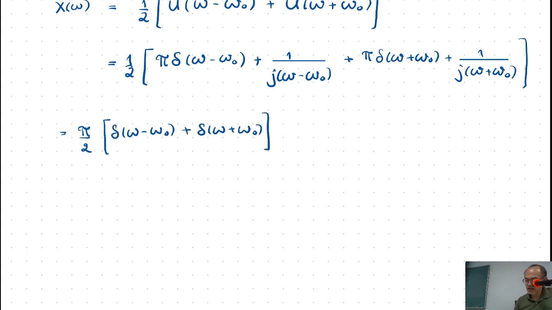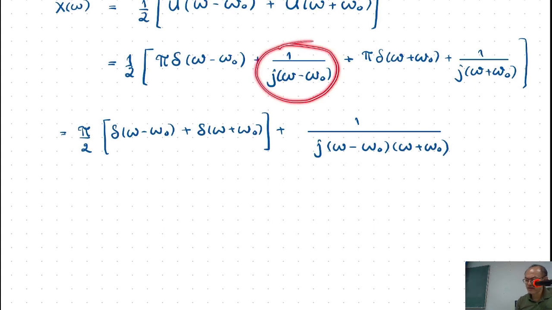And the rest would be 1 over j omega minus omega 0 and omega plus omega 0, right? Because you have to add these two together.